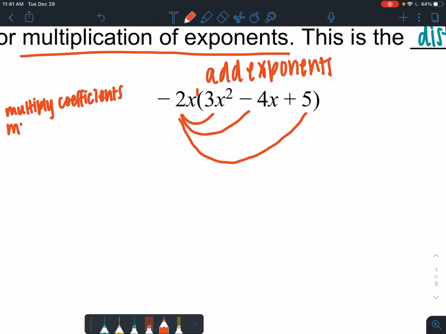And then I multiply the variables. So only focus on one thing at a time. So -2 times 3 is -6. Then I have to multiply x to the first times x squared. Now, I add those together and I get x to the 1 plus 2, which is x to the third.